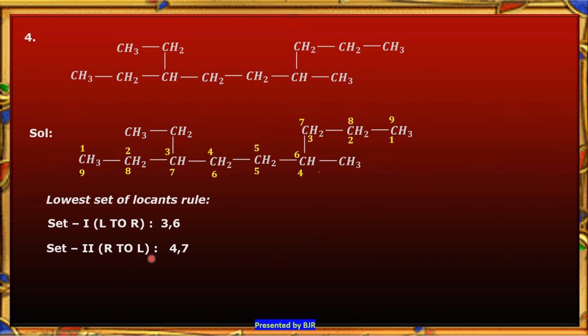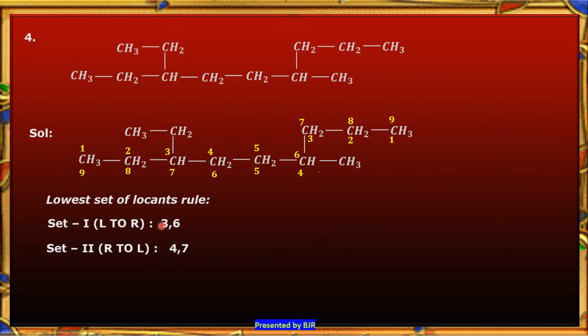Set 2 from right to left, fourth carbon is bearing methyl group and seventh carbon is bearing ethyl group. Okay. Now we have to compare these two sets term by term.